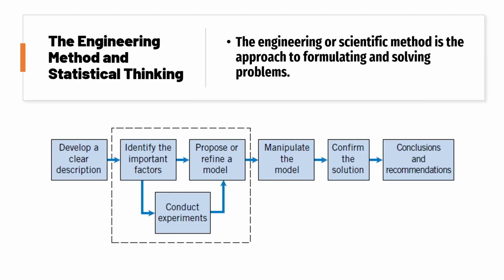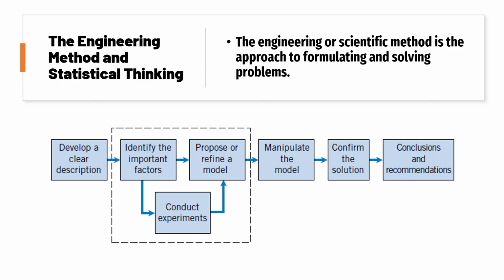In order to do this, we do what we call your engineering or scientific method. The engineering or scientific method is an approach to formulate and solve problems. In order to do this, we need also what you call your statistical thinking. So please take note that the engineering method and statistical thinking always goes hand in hand.